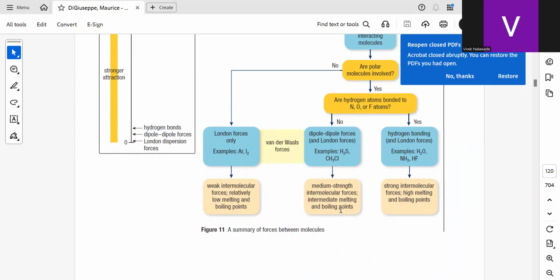If it is London dispersion, it is weaker intermolecular forces, so relatively low melting and boiling point. Dipole-dipole forces and London forces are weak, and they were discovered by van der Waals, so they are called van der Waals forces. Hydrogen bonding is stronger than them, so it is separate.